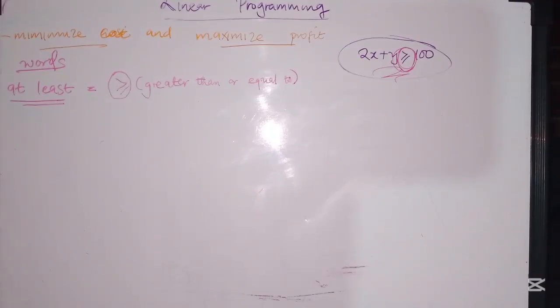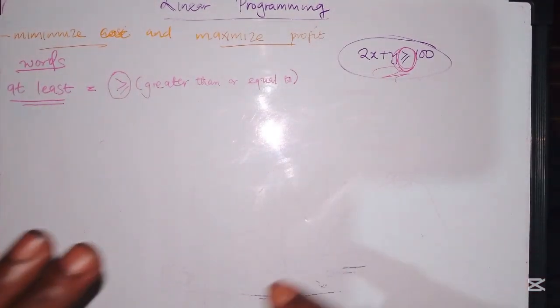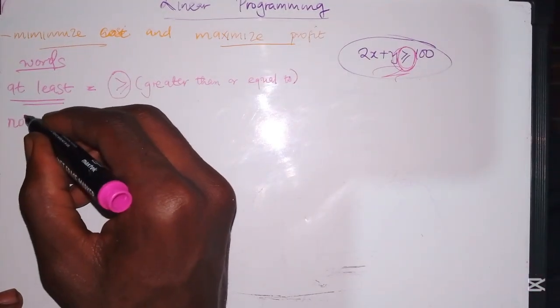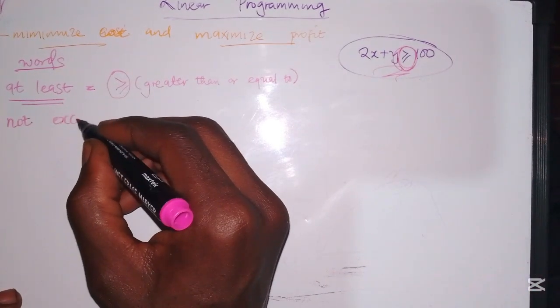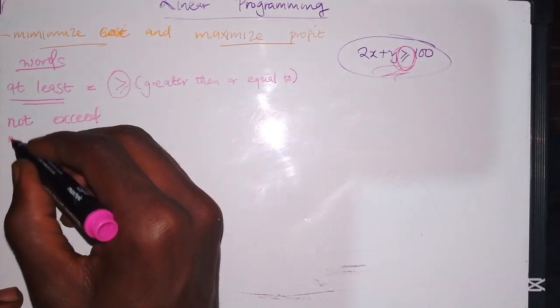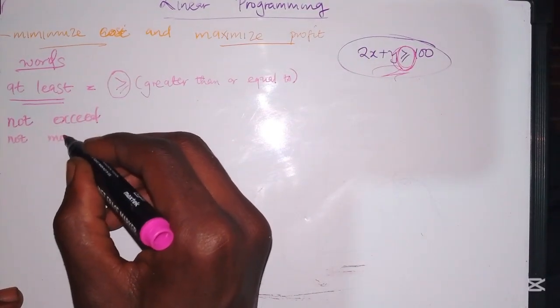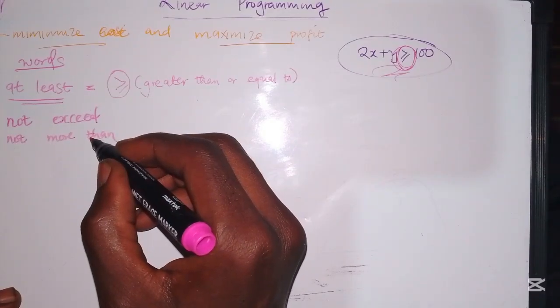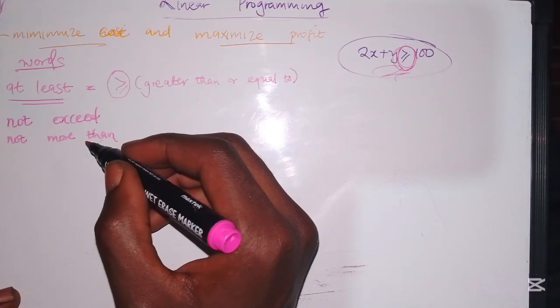Then the next terms which you come across are these three terms. So these three terms, they basically mean one and the same thing. So the first word is not exceed, not more than, and what? Yeah.